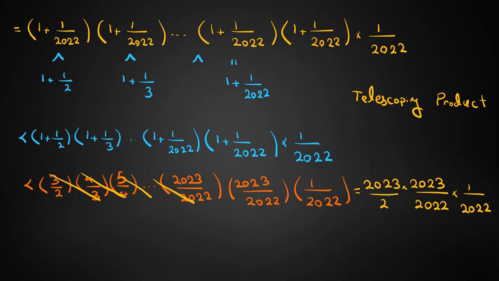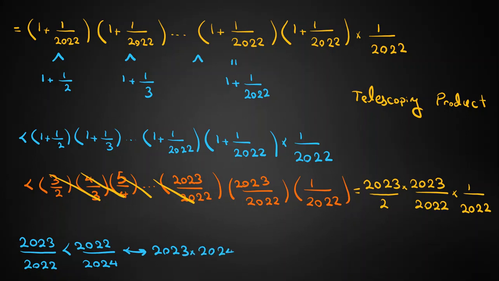But let me tell you another way without calculating. You can say 2023 over 2022 is less than 2022 over 2021. The reason is what? It is equivalent to 2023 times 2021 being less than 2022 squared.